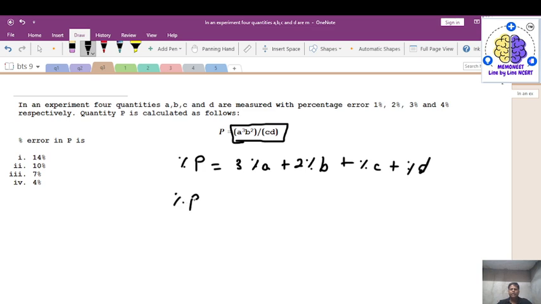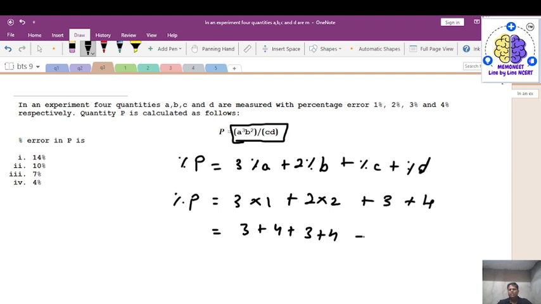So it will be 3 into 1 plus 2 into 2 plus 3 plus 4, right? So it will be 3 plus 4 plus 3 plus 4, and this is equal to how much? It is equal to 14%. So the correct answer will be 14%.